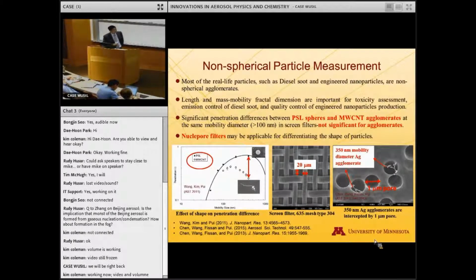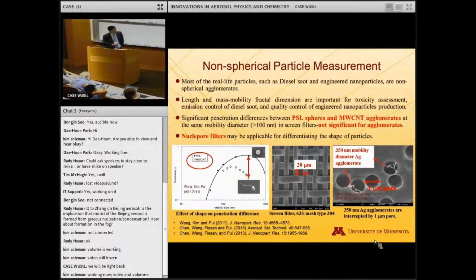This suggests that perhaps this could be a method to classify spheres versus agglomerates. It turns out that it doesn't work too well for nanoparticle agglomerates, so we then went to a smaller nuclear pore type of filter media, and that works.